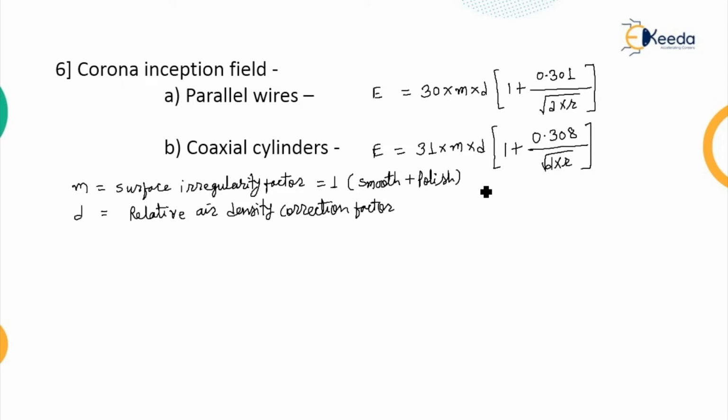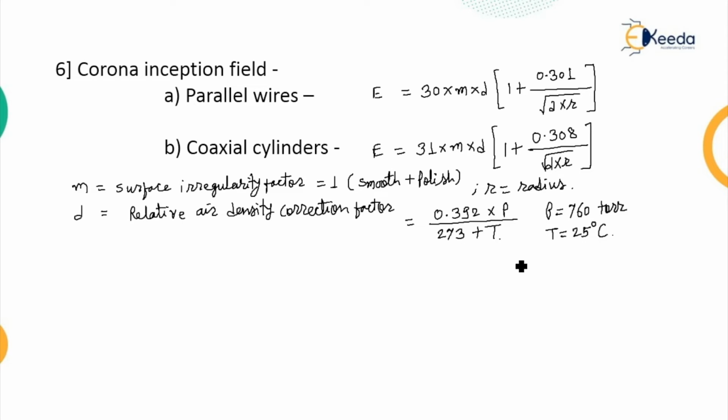As I already said, small r is the radius. This relative density is also written as 0.392 into p divided by 273 plus t, where p stands for pressure in torr. The value for pressure is 760 torr as per standards, and t is the temperature. And as per standards, if the temperature is 25 degrees Celsius, then the value of d is equal to 1.